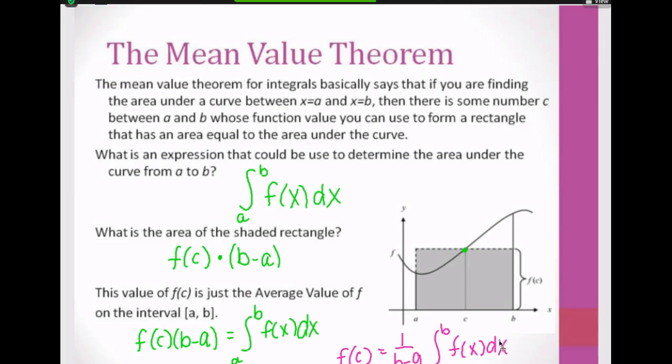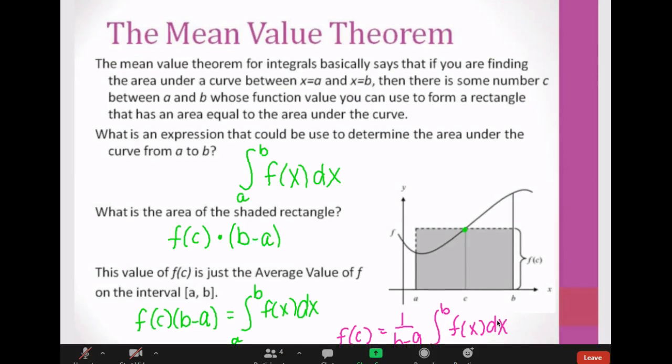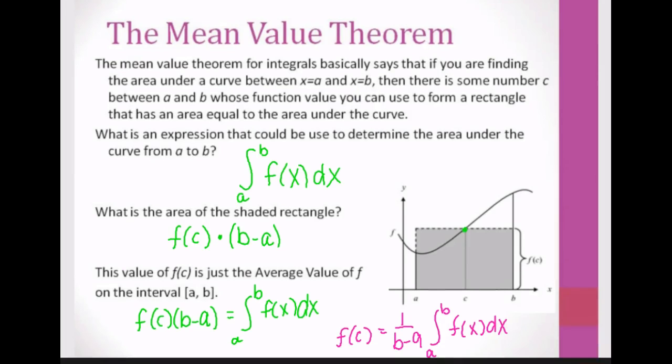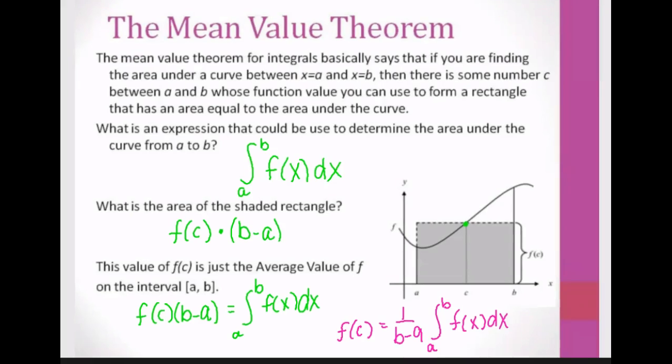So this is a direct relation to where did this come from, and kind of like why does it look the way it looks. So it comes from the idea that it's the area of the shaded region, the area of the rectangle, and then combining them together to find its average.